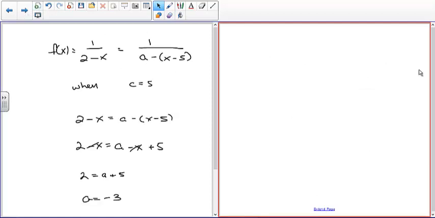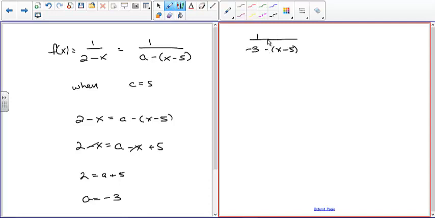If I take 1 over -3 plus x minus 5, then you'll see in the denominator I'll have -3 minus x plus 5, which is the same as 1 over 2 minus x. So that is the same as that.